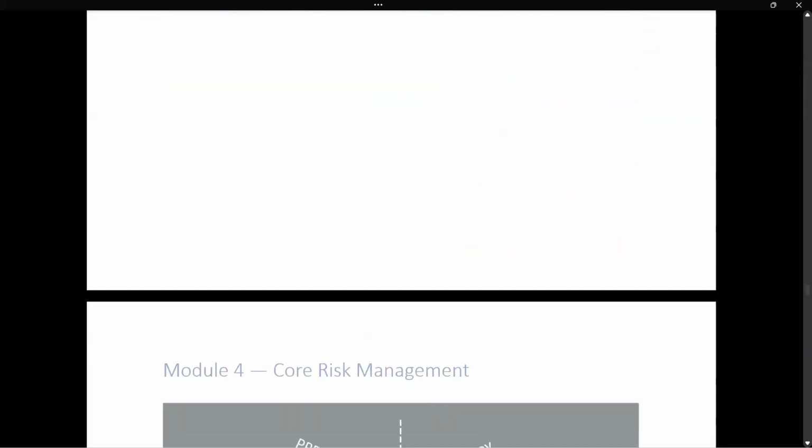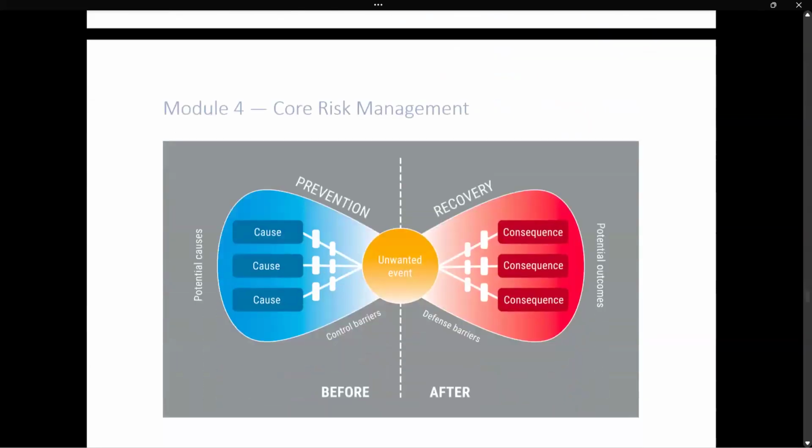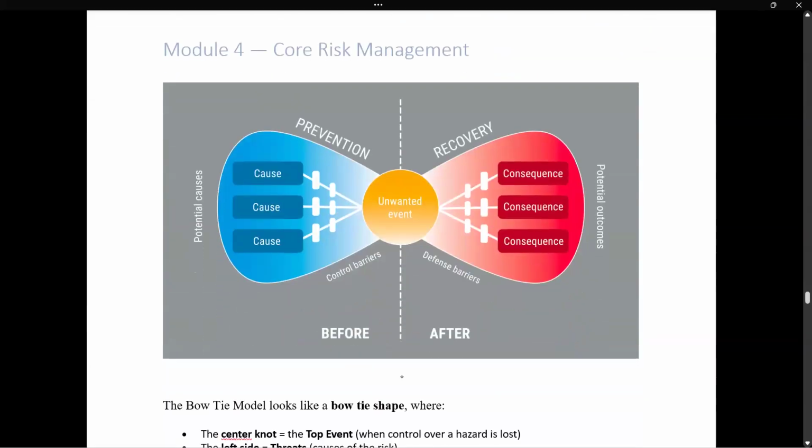Next, there is a model we call the bow tie model. If you look at this, it is basically a bow tie shape. That is why we call it bow tie. In the middle is the event. Before this event, the left side, means nothing has happened till now.